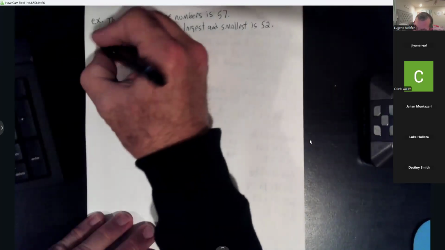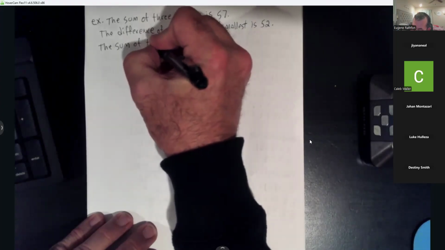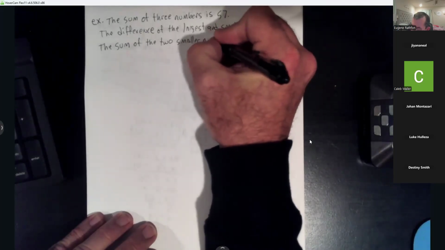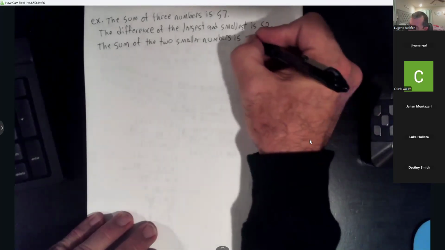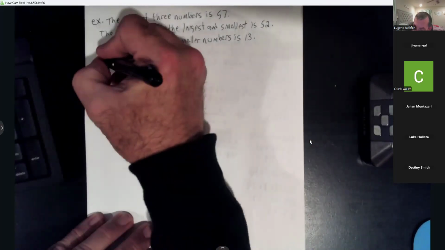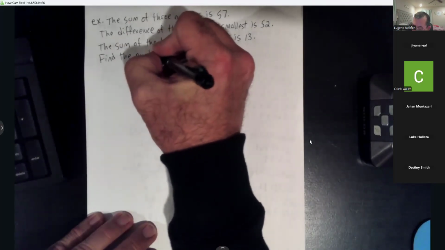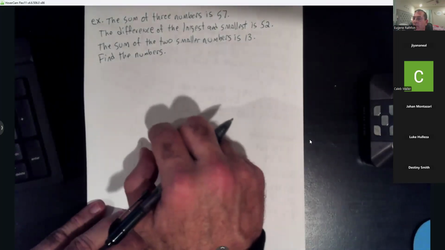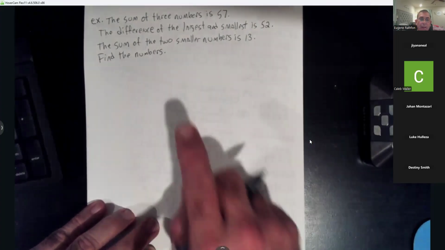Now, then they say the sum of the 2 smaller numbers is 13. Find the numbers. Now, MathLab is going to want us to put the numbers in order from largest to smallest in the answer blanks.